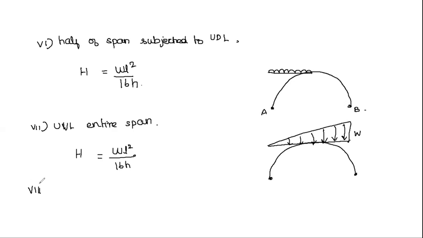And the eighth condition is a two-hinged parabolic arch of span L and rise H carrying a concentrated load W at the crown.